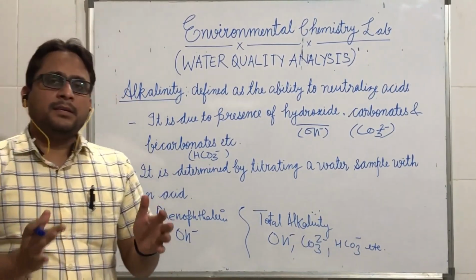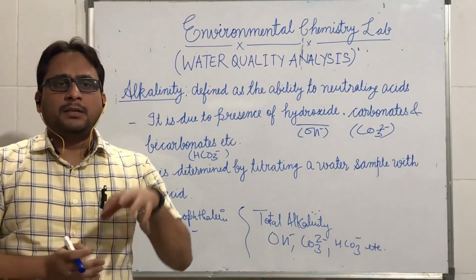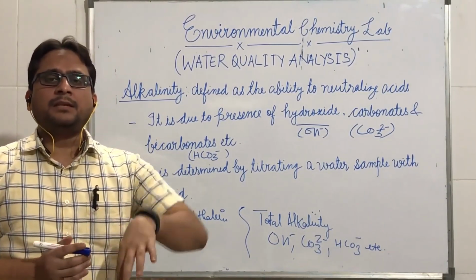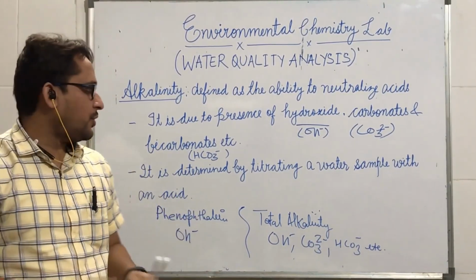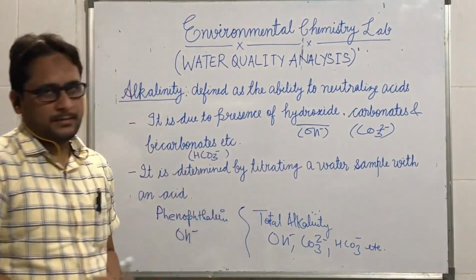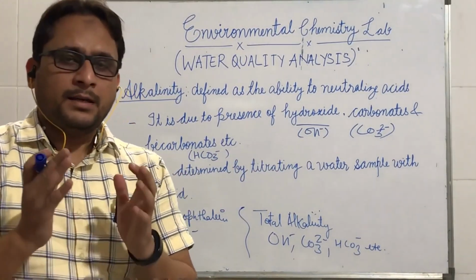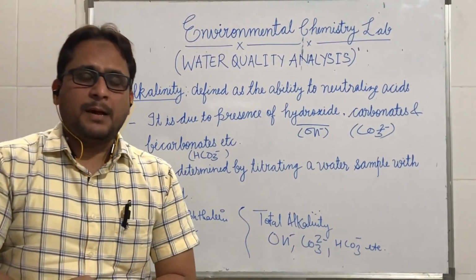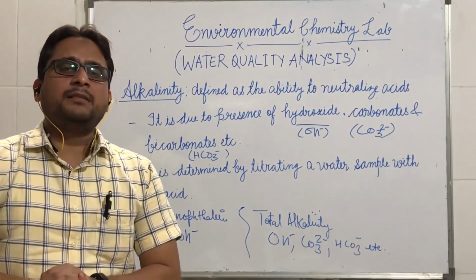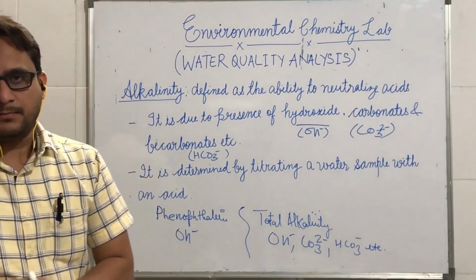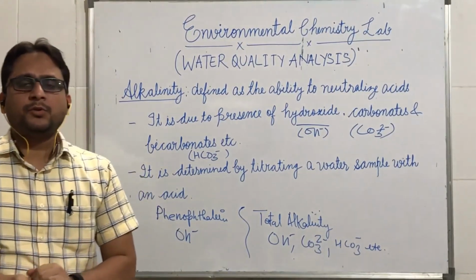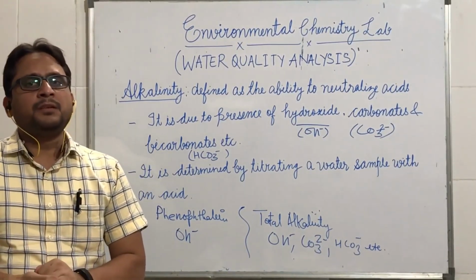High alkalinity shows that the given water sample has a higher concentration of these anions. Now, the alkalinity of the sample is determined by titrating it against an acid. Generally, HCl or H2SO4 is used for titrating the sample.